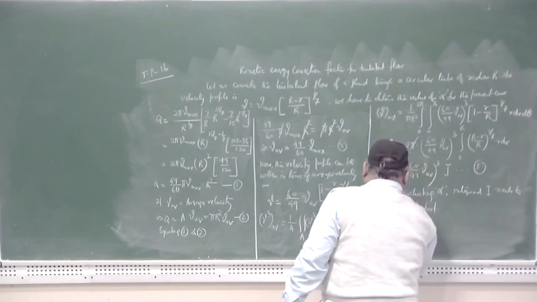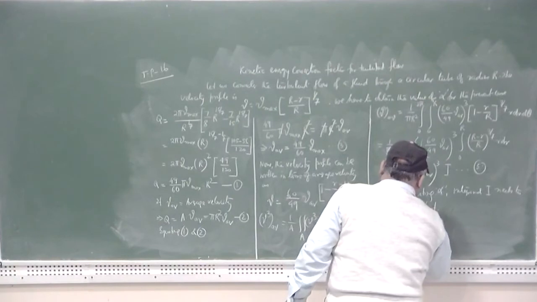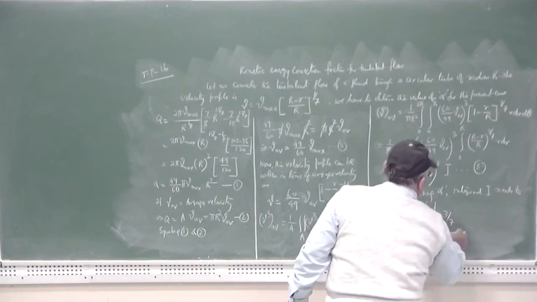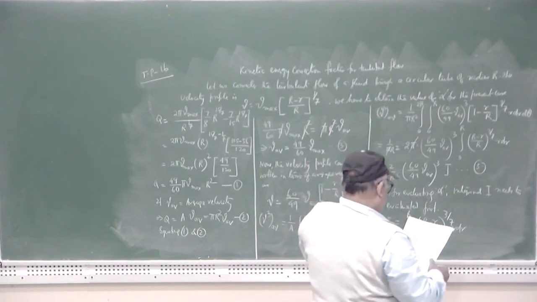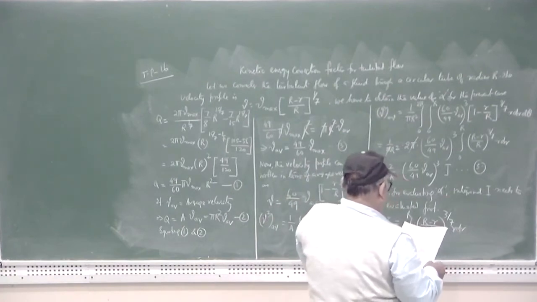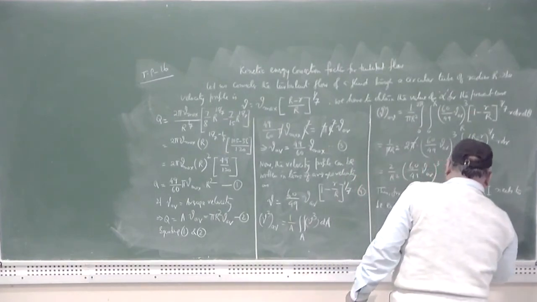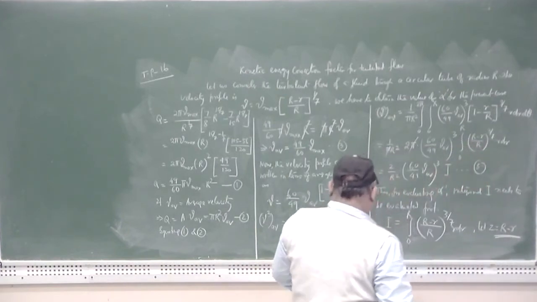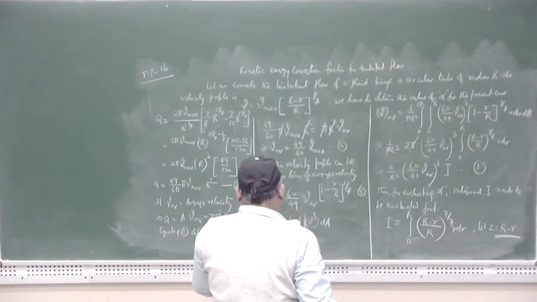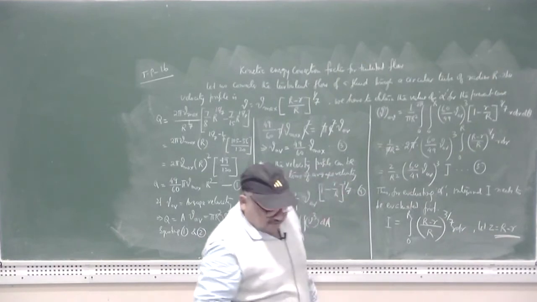Now I is equal to integration 0 to R, 1 minus r divided by R raised to the power 3 by 7 r dr. That can be written as, now let z is equal to R minus r.